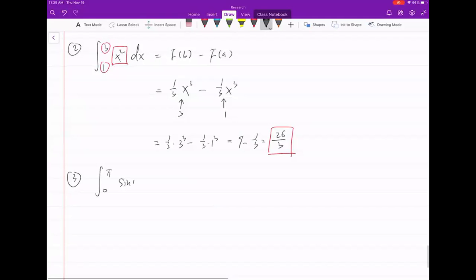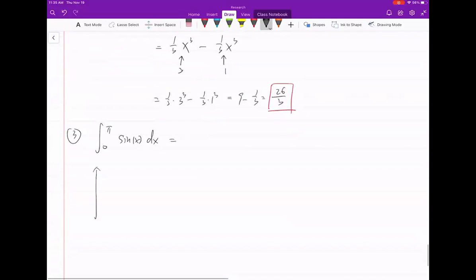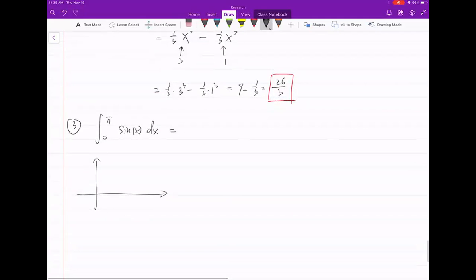The third thing we cared about before, sin x, which is this shape.